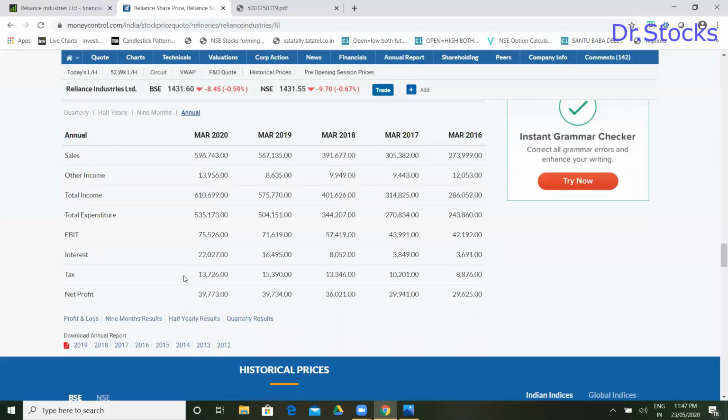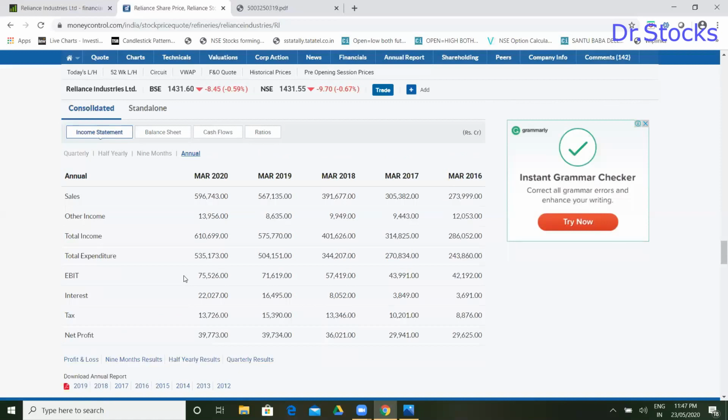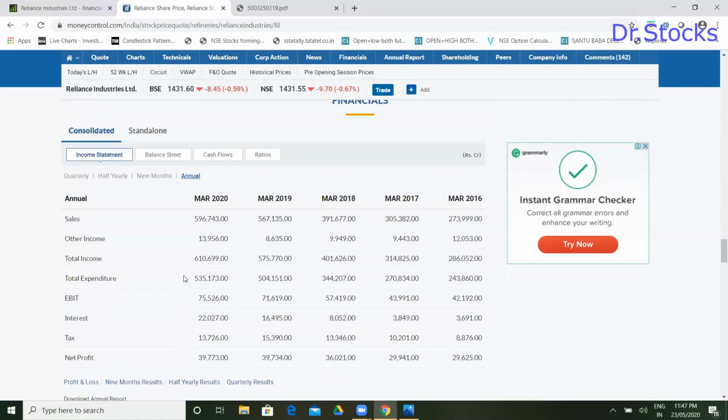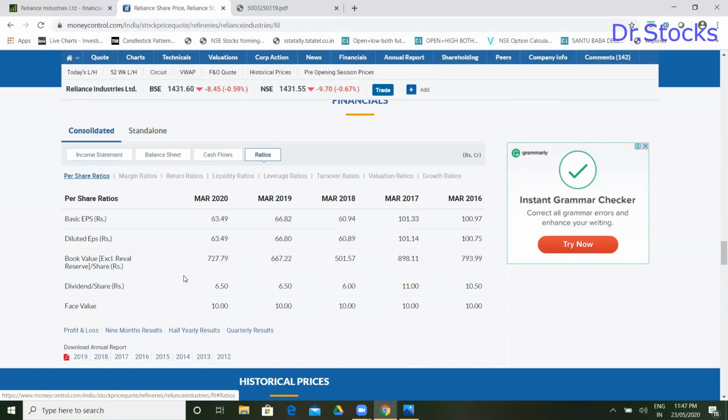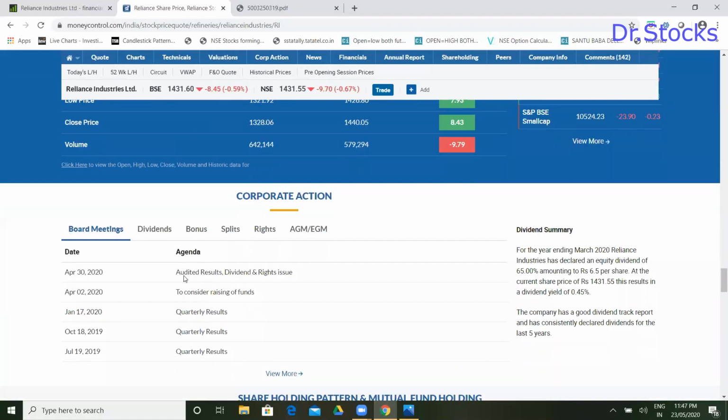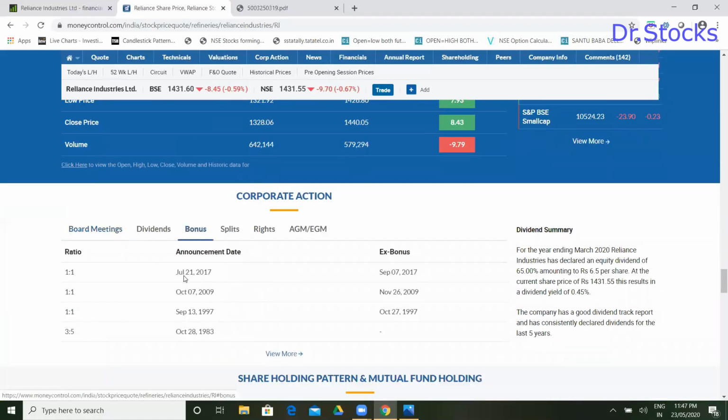See here, in 2017 there was so much advantage when you were a Reliance stakeholder. Your dividend was higher that year, close to 11 rupees, and there was also a bonus that year. That means they were doing very well during that time. See, there is a bonus in 2017.